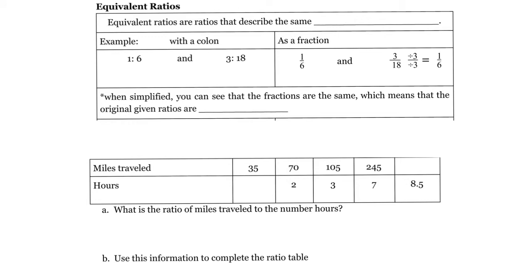Okay, in math, things are equivalent if they have the same value. And in this case, equivalent ratios are ratios that describe the same relationship. Okay, so here from 1 to 6 and 3 to 18, if I multiply both sides by 3, 1 times 3 is 3, and 6 times 3 is 18. I'm multiplying by the same thing.